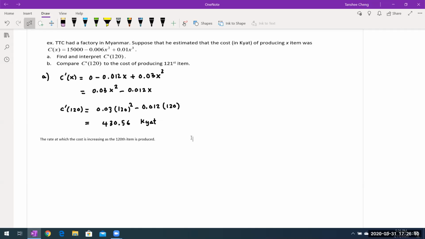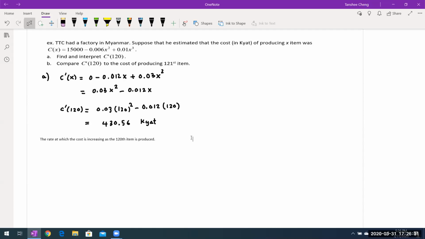All right. So now part B is asking you to compare what we found in part A with the cost of producing the 121st item. So if we are producing one more item, what is going to be the cost?